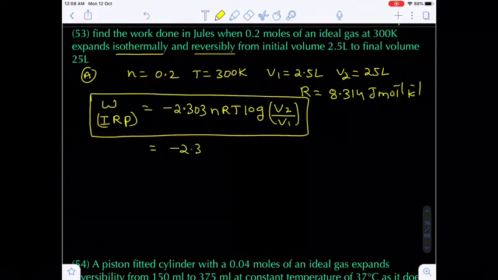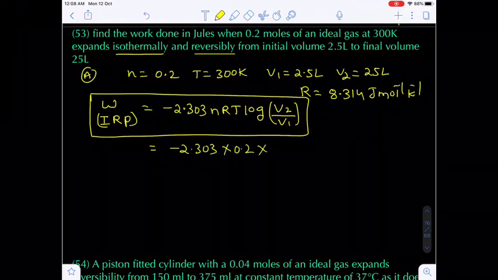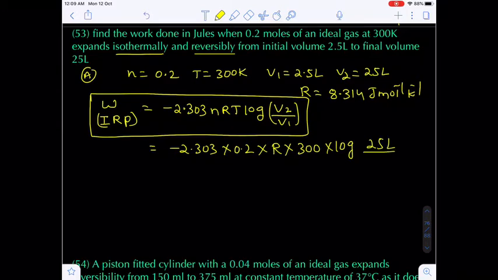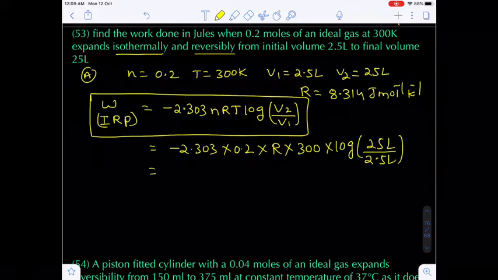Minus 2.303, number of moles will be 0.2, R value I am writing as it is, we will replace the R value in the final expression, and temperature will be 300 into logarithm of final volume 25 liter by initial volume 2.5 liter. Now here this will be log 10.